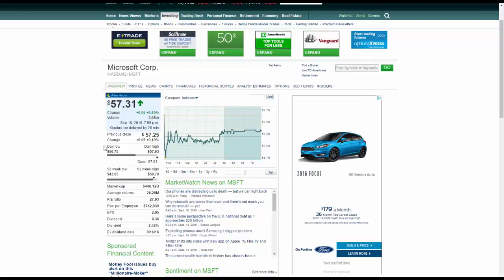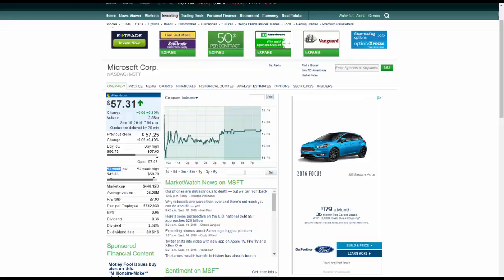We also can see that this range right here is the price during the day, showing whether the price ended up on a high note or on a low. We also can see over a 52-week span whether the price is at the high end or the low end of that span.